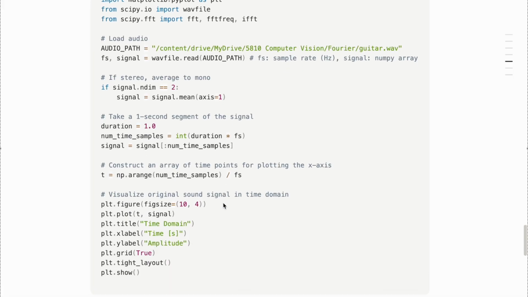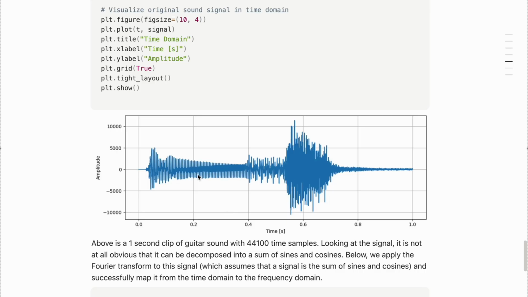And I'm just plotting it. This is what the sound signal itself looks like in the original time domain. I have taken a 1 second duration of that signal, and this 1 second duration actually has 44,100 time samples, and that's just a property of the recording device that was used to record this sound.